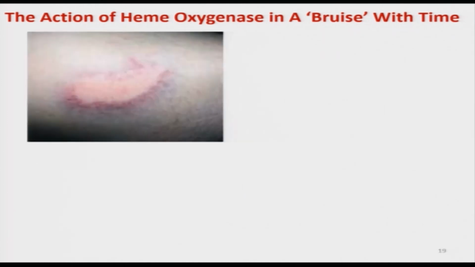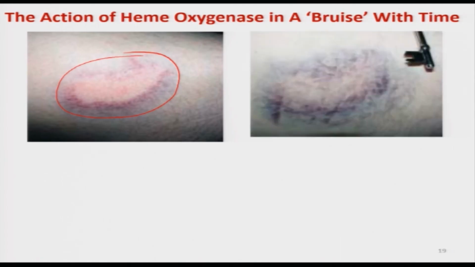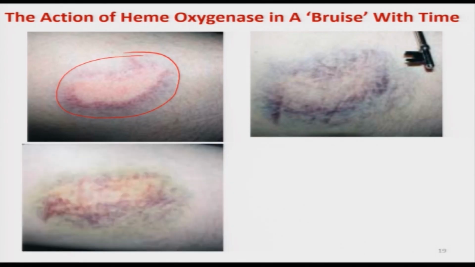So, the action of heme oxygenase can be clearly visible if one sees a bruise change with time. Say, if you get a fresh bruise, what would happen? It will be red in color. It is happening because of the red blood cells. So, heme oxygenase comes into the picture. This red blood cell gets converted to verdoheme, then biliverdin, which is green in color, and then slowly it converts to bilirubin, which is yellowish in color.